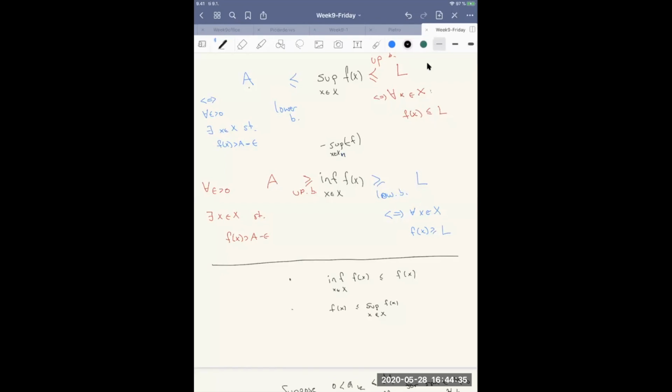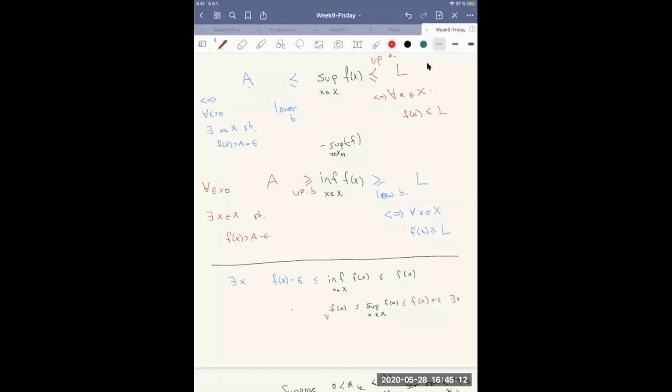But another thing, if we want a lower bound by some element here, we can bound it from below by f(x) minus epsilon for some x. And we can bound the supremum from above by f(x) plus epsilon for some x.